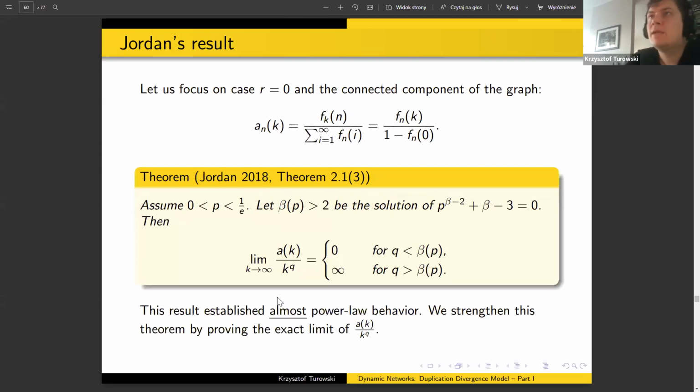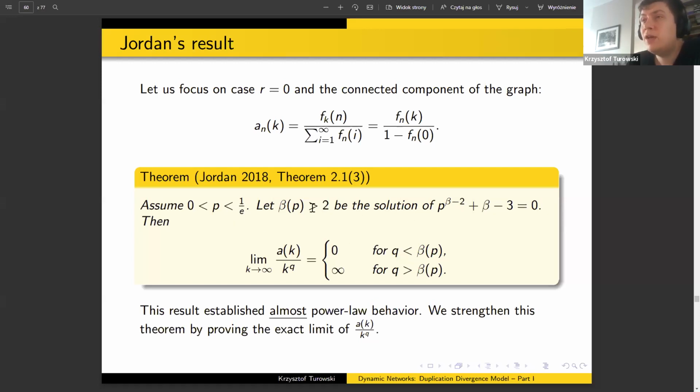Okay. Then came Jordan, and he proved that this pure duplication model behaves in a certain range almost as a power law. So he said, okay, let's cast aside the isolated vertices, and let's prove the theorem for p between 0 and e to the -1.